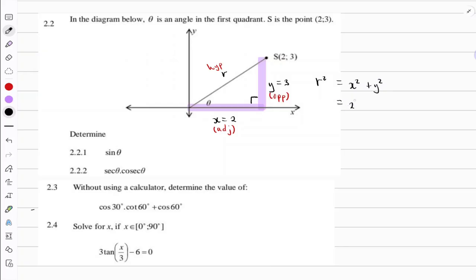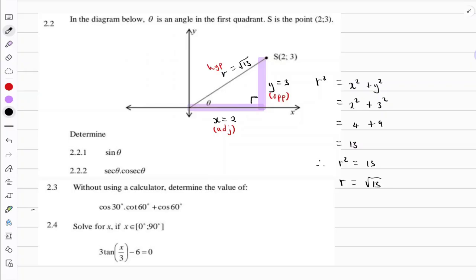So this is 2 squared plus 3 squared. This is equal to 4 plus 9, and 4 plus 9 is 13. Therefore, r squared is equal to 13. And this implies that r is equal to the square root of 13.